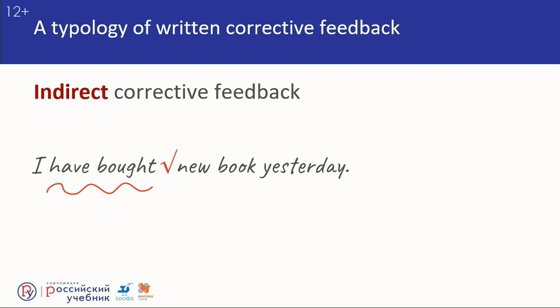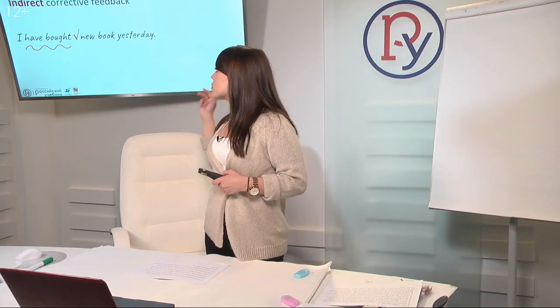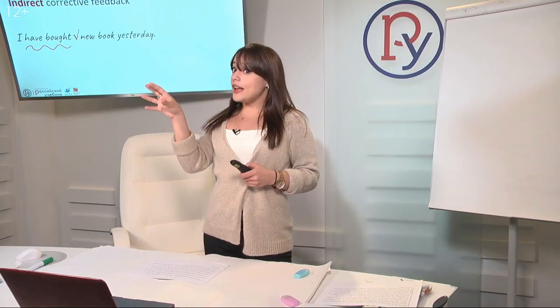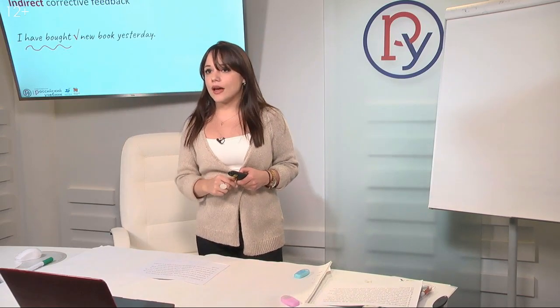For my learner, I may just put 2 ticks or 2 dots in the margin next to the line to let our student know that there are 2 mistakes. I'm not telling you what kind of mistakes these are. Find them yourself and correct them. Then I might think that this will be a bit too hard for them, right?